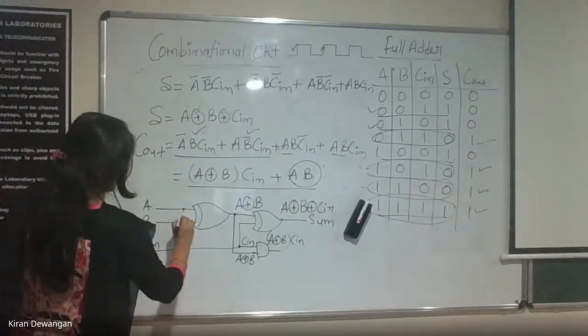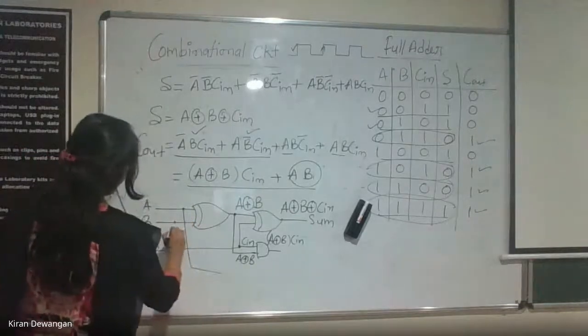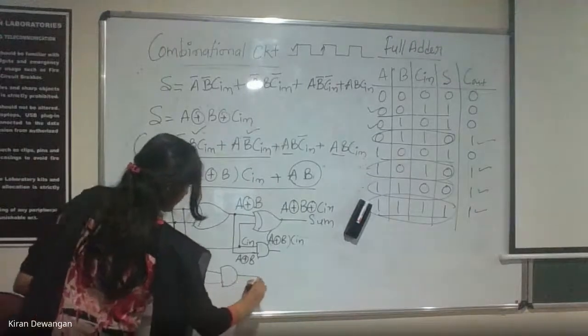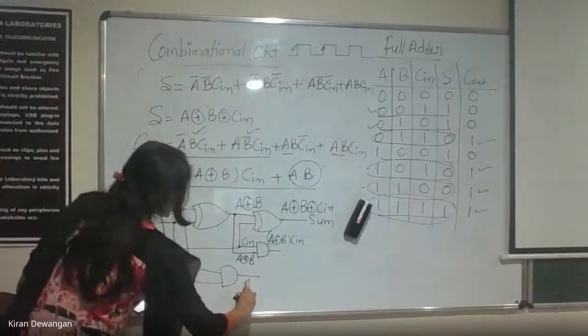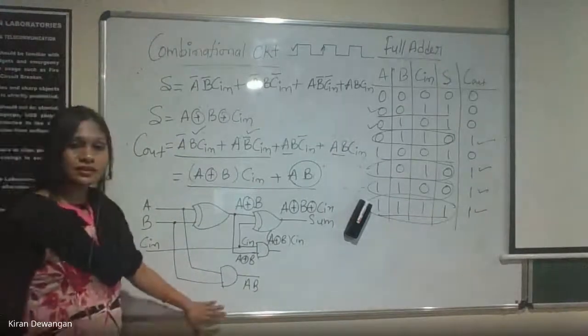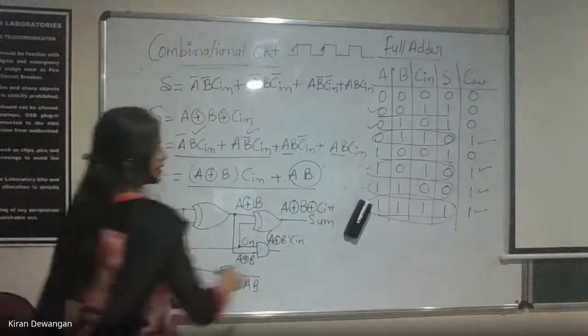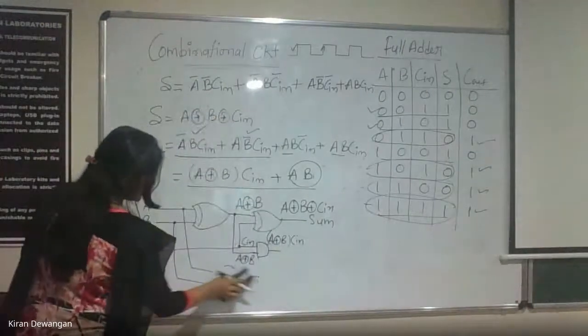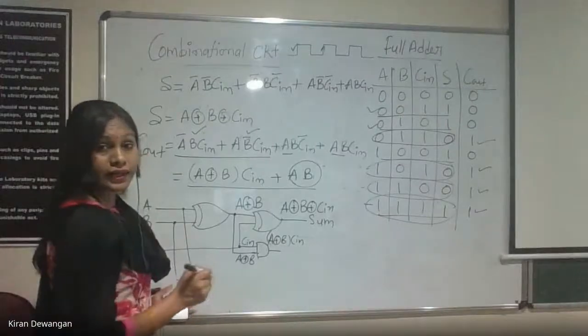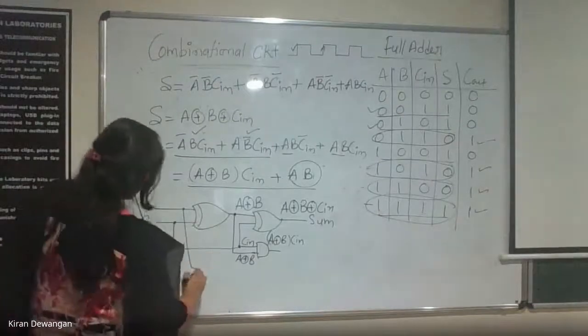What is this? This one is one more AND gate. Here this is just AB. Now what do we need to do next, students? OR gate. Correct.